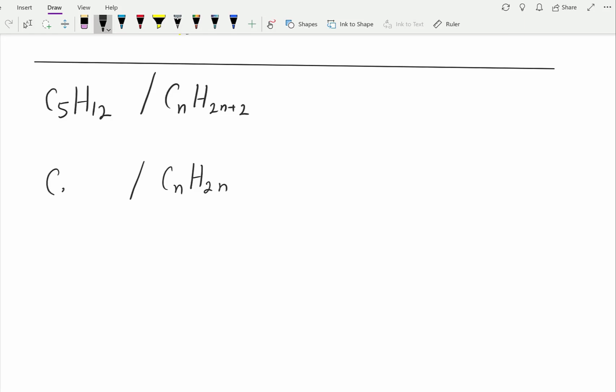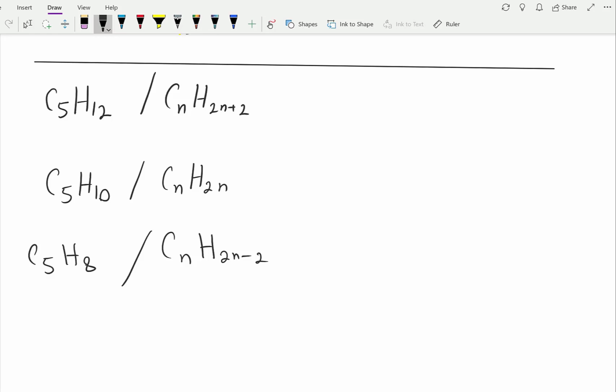So if we have 5 carbons, the number of hydrogen would be 10, C5H10. And for the alkyne, the general formula is CnH2n-2. So if we have 5 carbons, 2 times 5 becomes 10, minus 2 becomes 8. The number of hydrogen would be 8, and the molecular formula is C5H8.